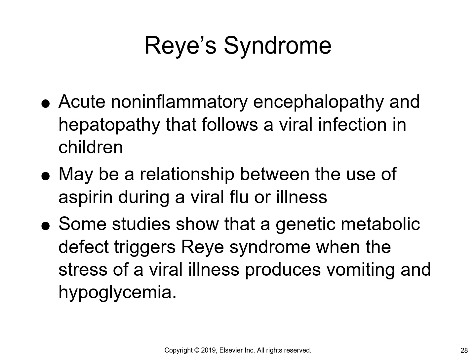Some studies show that it could be a genetic metabolic defect that triggers this syndrome when the stress or maybe a viral illness produces vomiting and hypoglycemia.